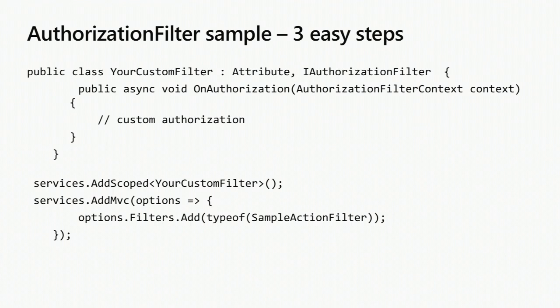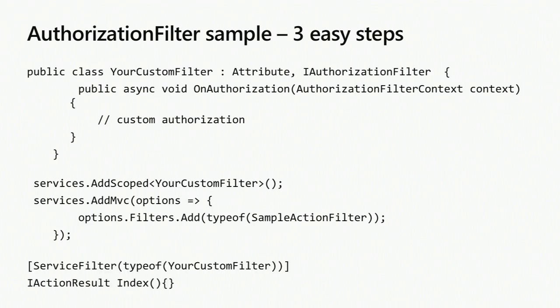After you realize this class, you can add it this way, or you can add it another way. And then you can use it with the help of an attribute. The ServiceFilter attribute is one of the attributes you can use. There are some other options, but as you see, it's pretty easy.